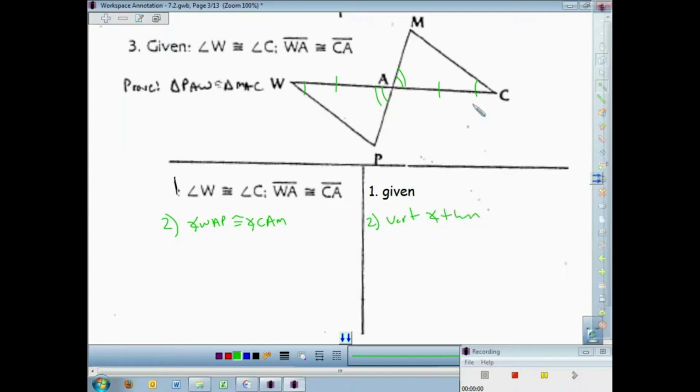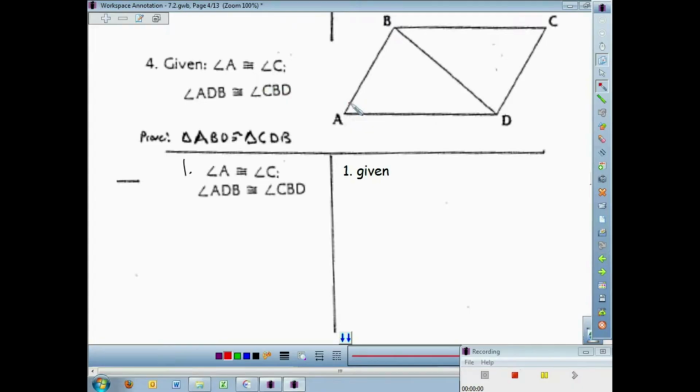Then do I have enough information to prove those two triangles congruent? You bet. I can do angle side angle. So step 3, copy this down basically. Triangle PAW is congruent to triangle MAC by angle side angle congruence theorem.